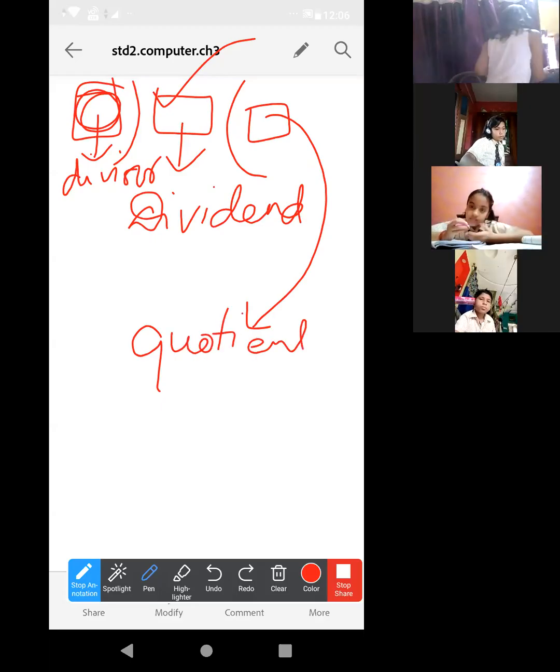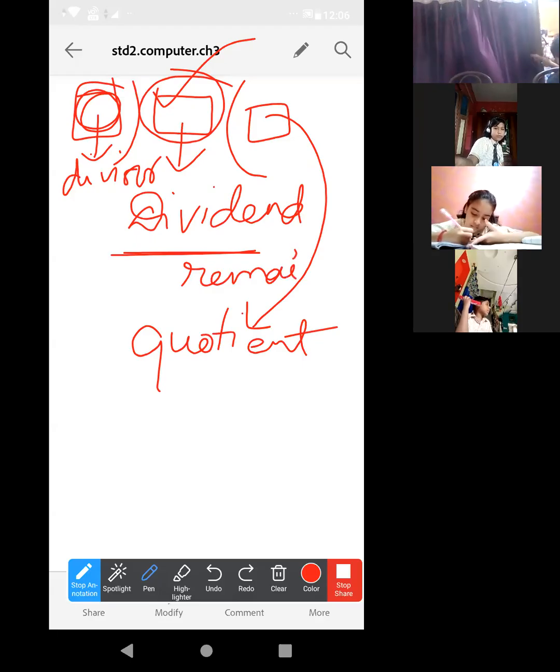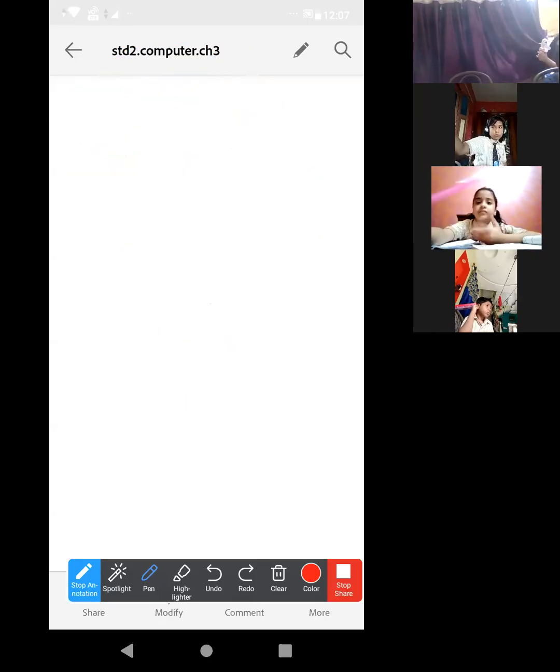Suppose it is not completely divisible, then definitely there will be a remainder, some extra number. Now there is a relation that the dividend is equal to divisor into quotient plus remainder. I will check by solving the sums right now.